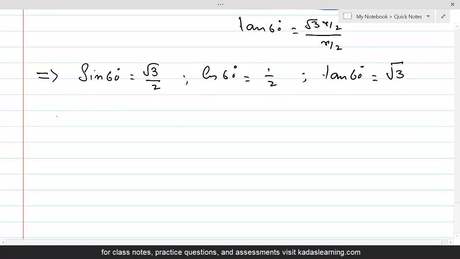And now for theta is equal to 90 degree. When theta is equal to 90 degree, X becomes smaller and smaller and Y becomes bigger and bigger.